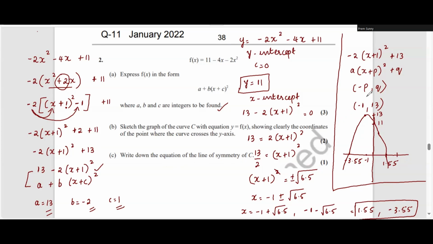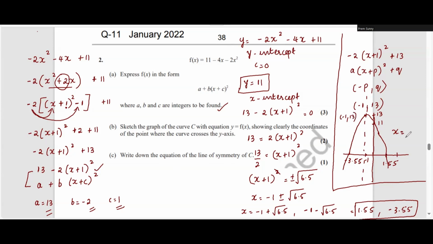And now the last one, line of symmetry. This is the line of symmetry which they are asking. The line of symmetry will always be x equals something, because the line is parallel to the y-axis. If it is parallel to the y-axis, you just have to write x equals, and it always passes through the vertex, that is, it passes through minus 1. The vertex is the maximum point, minus 1 comma 13.